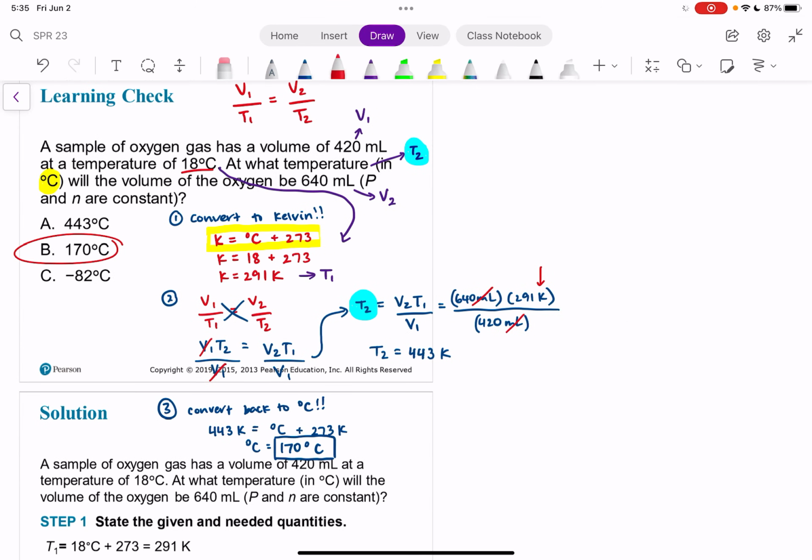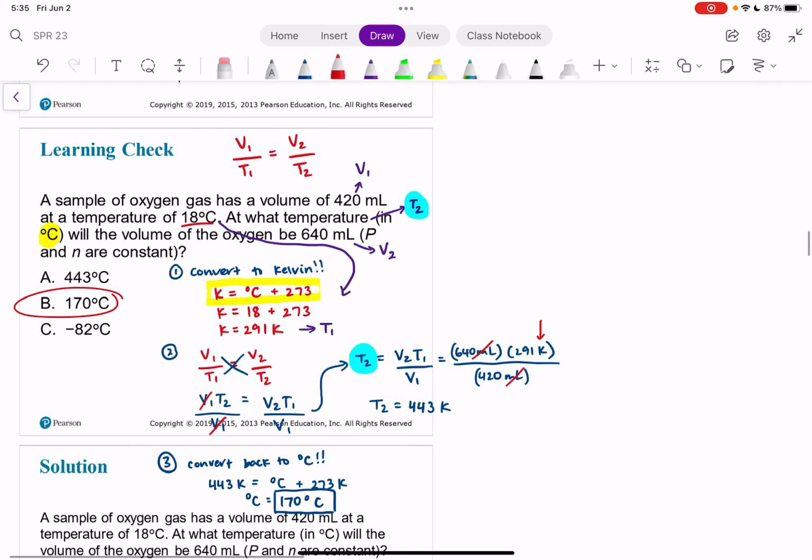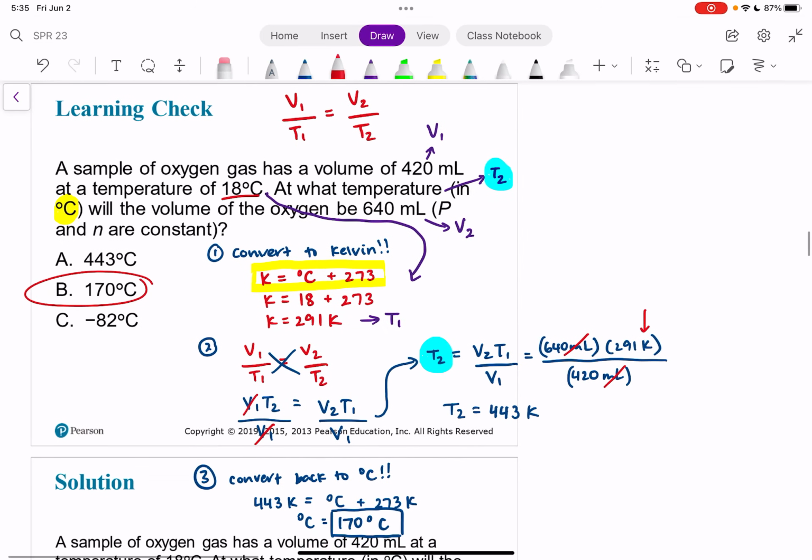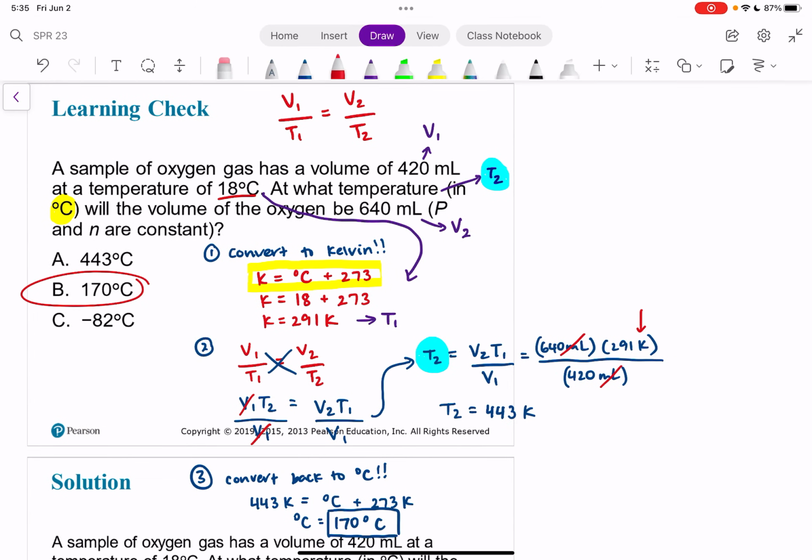Okay, so remember, the key with these problems is to make sure that you're checking your units the entire time. If you're given a temperature in something other than Kelvin, convert to Kelvin first, and then if you have to convert back, you can in the last step.